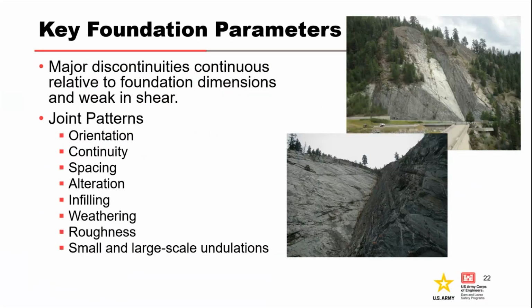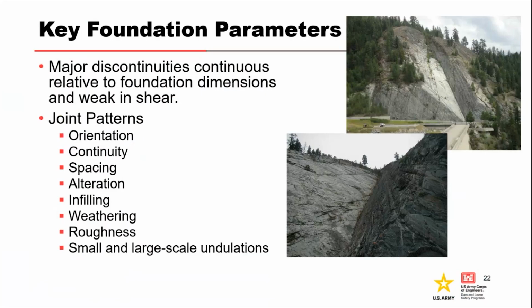So here's a list of important foundation parameters that we need to understand to inform the stability along a failure plane. Are the discontinuities that would form a sliding plane continuous relative to the foundation and weak in shear?